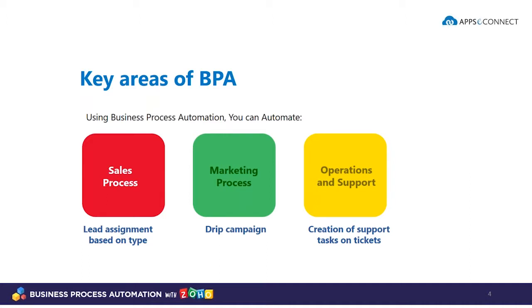Suppose a lead came from a form, or suppose a lead came from a chat. You can assign the leads to the proper salespersons as per the lead type, and this can be done automatically. An example of marketing process automation is drip campaigns, where a series of emails are sent to people after a specific period of time. This is called a drip campaign, which can be done in marketing. In operations and support, we can automatically create tasks from different types of support tickets.